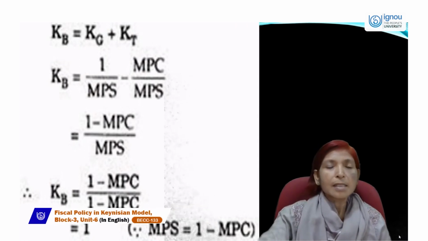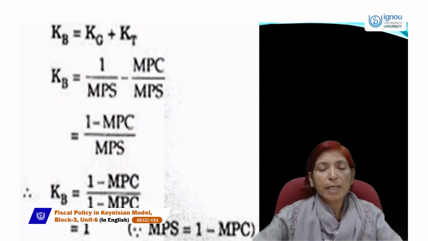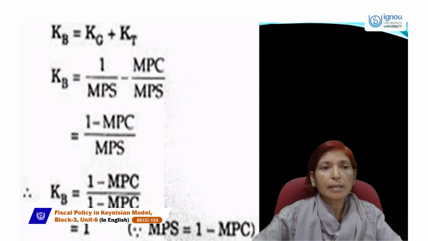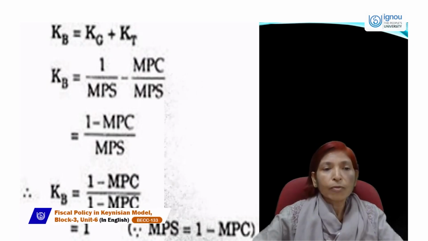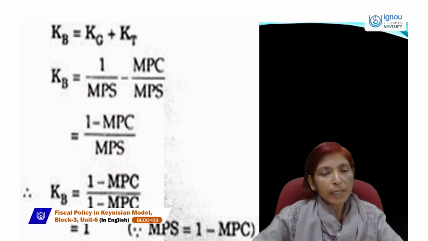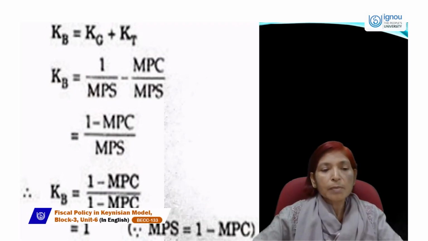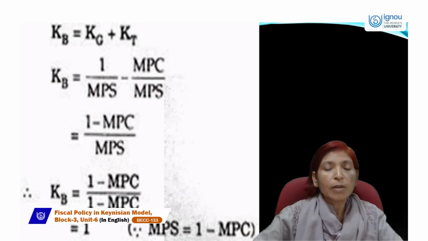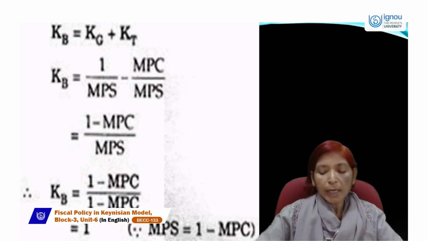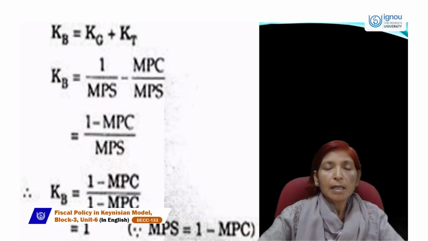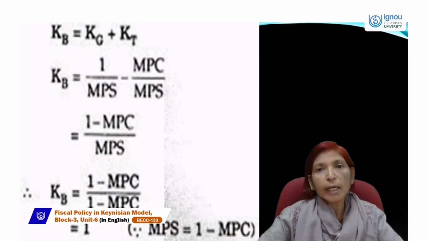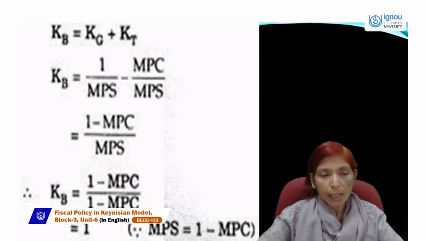And the LCM is MPS, and above we can write 1 minus MPC. 1 minus MPC is always equal to MPS. When both are equal, then both will cut and the answer will be equal to 1. So balanced budget multiplier is always equal to unity, or equal to 1.